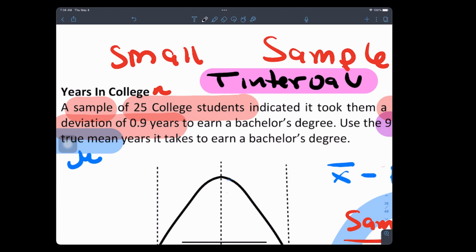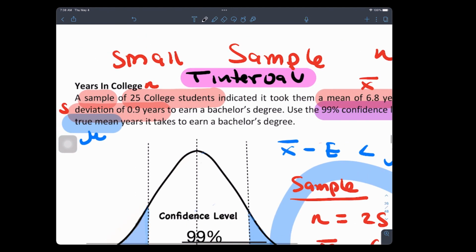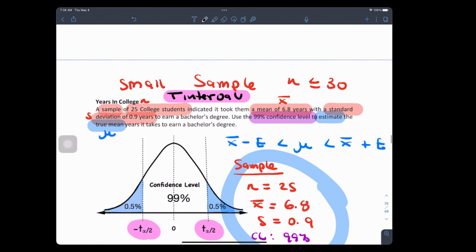If you had to estimate the true mean, you would use the T distribution. In the TI world, it's called T interval. Small samples, T interval. That's not so bad. Is that easy?